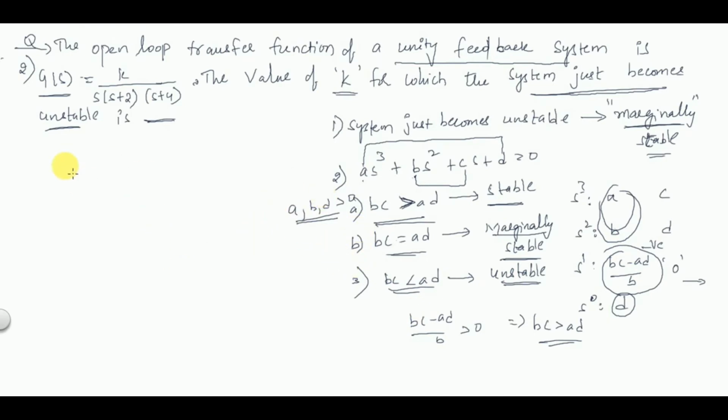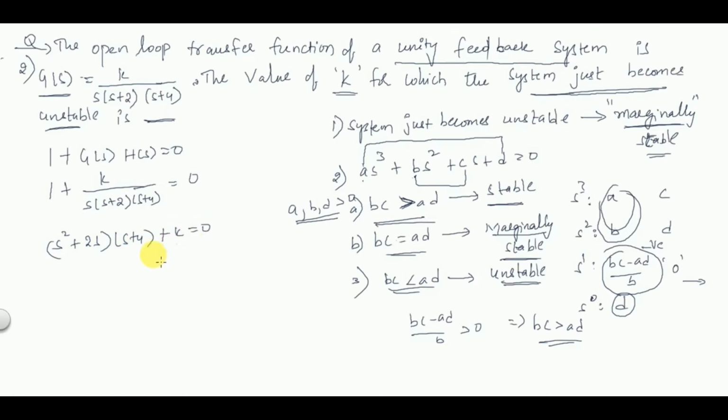Right, so coming to the question here, first of all we need to find the characteristic equation, which is 1 plus g of s into h of s is equal to 0. So 1 plus g of s is k by s into s plus 2 into s plus 4, into h of s, which is unity feedback, so 1, is equal to 0. So this is s square plus 2s into s plus 4 plus k is equal to 0.